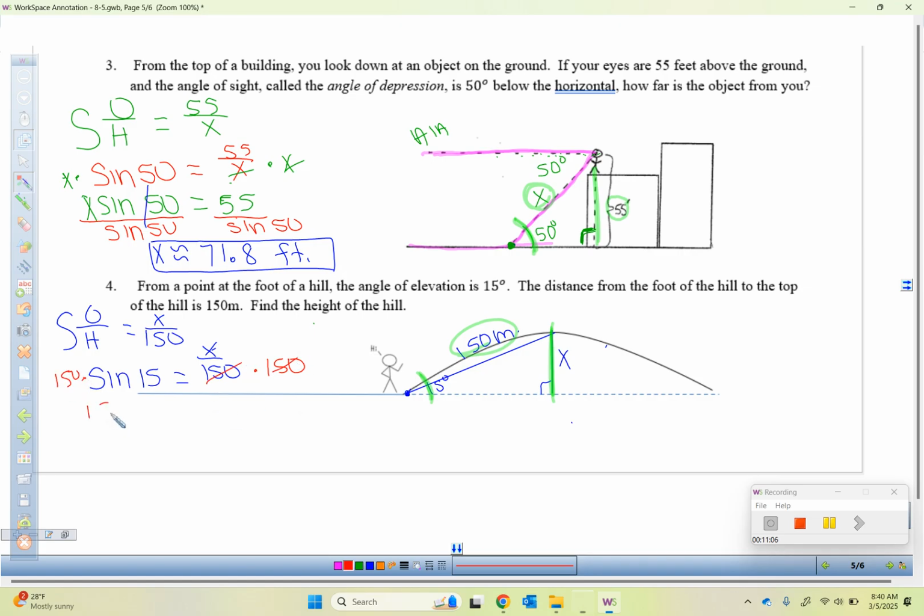And those cancel, so I'm left with 150 sine 15 equals x. Is my x by himself? Yes. So I can just put it like this in my calculator. 38.8 meters, right? Yes. Very good. So that is the height.